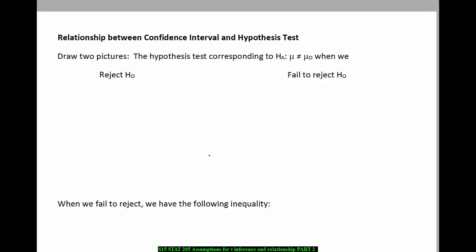So let's go ahead and draw the t-distribution for the situation where our alternative hypothesis is not equal to and we reject the null hypothesis. So we have some t-distribution. These are centered at 0, unimodal and symmetric. And if we reject the null hypothesis, then what is true?